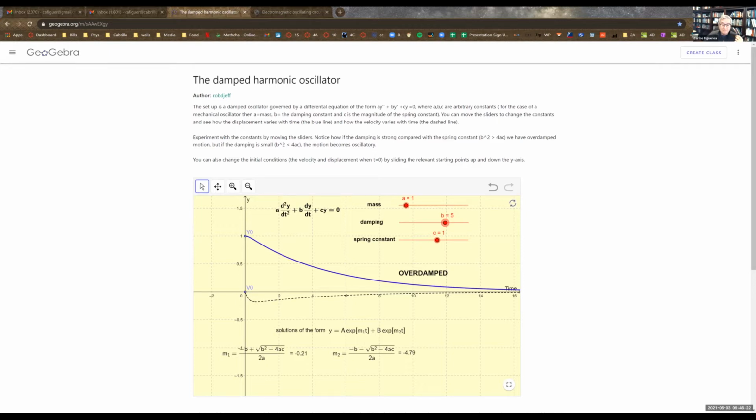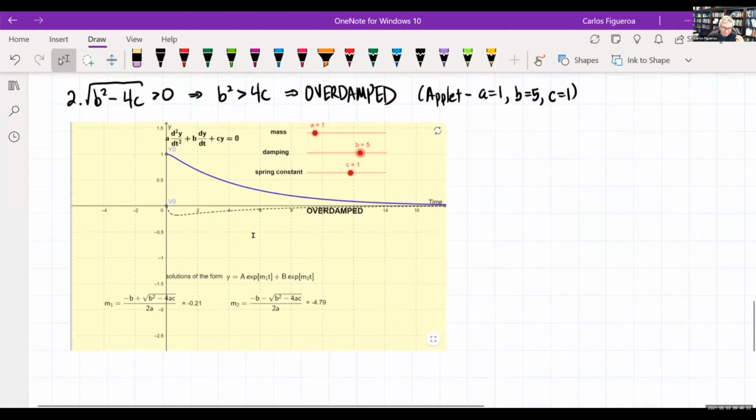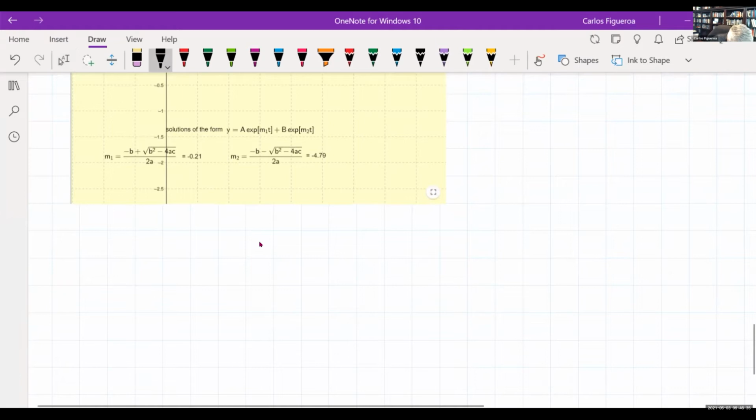Okay. And so then the last one is when you look at that radical, you can see I just pasted the overdamped. So then the last case: it turns out that b squared minus 4c, this guy is complex.